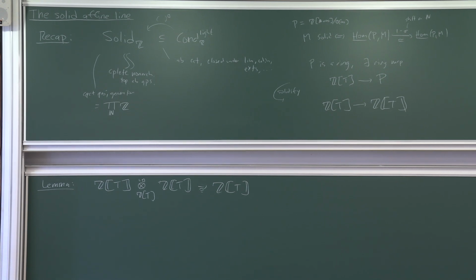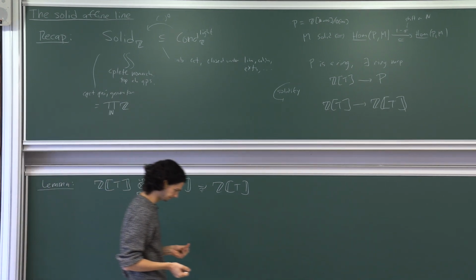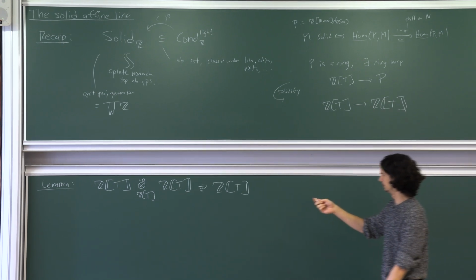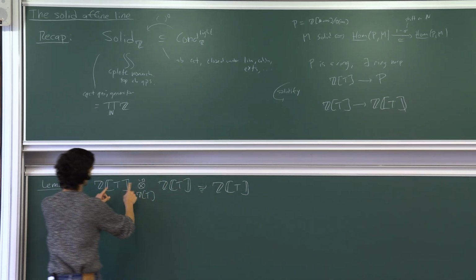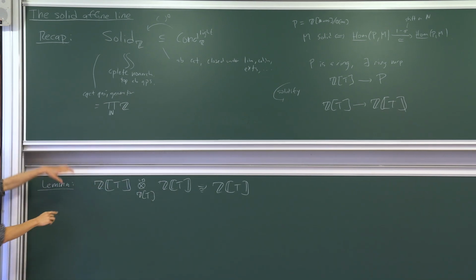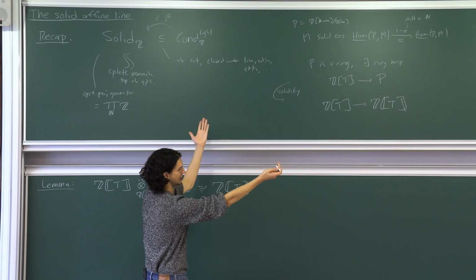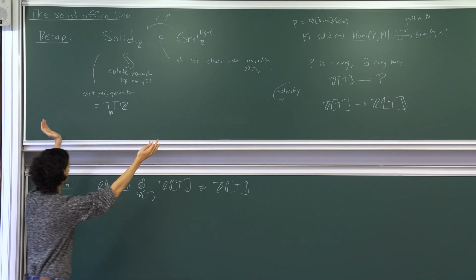And this is quite elementary because we know how to do tensor products in solid Z. Peter gave lots of examples of calculations in this category. And the tensor product of two of these basic guys is just another one of them.